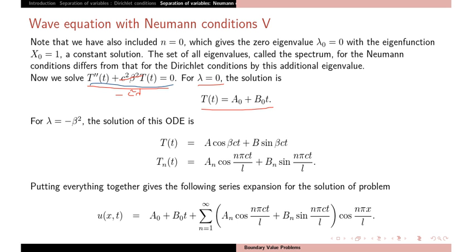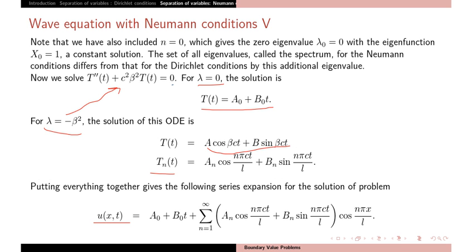Now we discuss lambda equal to minus beta square. Then the ODE will be this, and the solution will be in sine and cosine. And beta is n pi by L, so fit the value of beta here. Finally, combine the solutions by multiplying both.